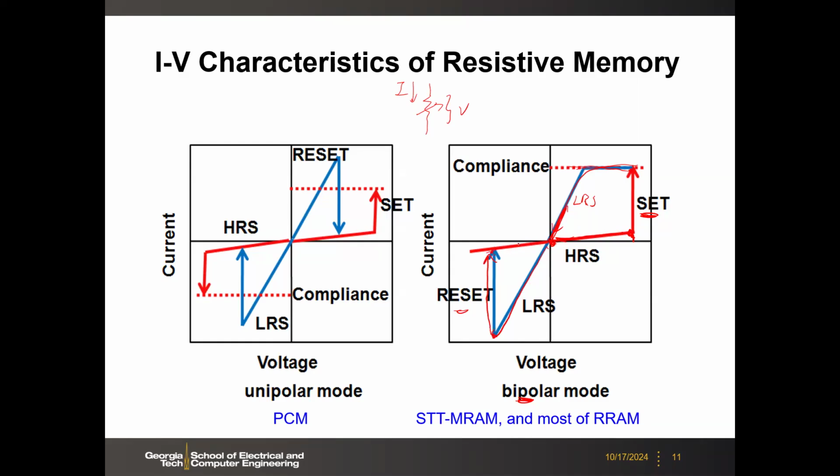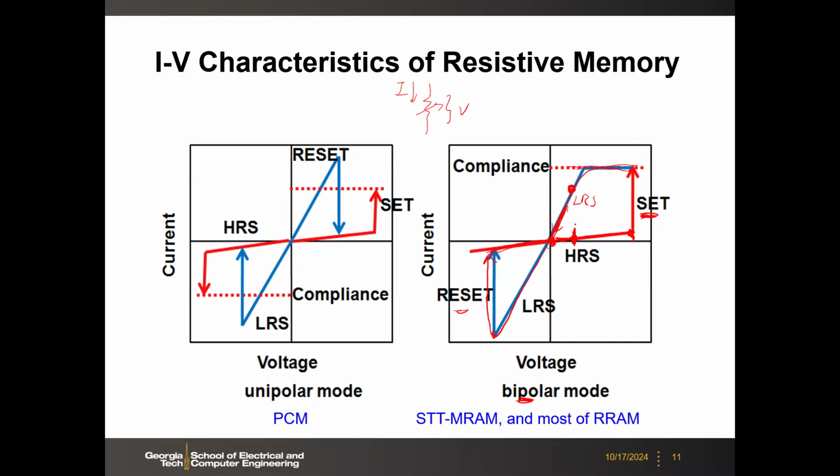And then if you go back, you will have this kind of hysteresis loop. Okay. So when you read, you don't need to go to too large a voltage, right? You can just bias somewhere here. Then you can get different currents, right? Then your sense amplifier should be able to detect the difference of the currents. Then you know it's 1 or 0.